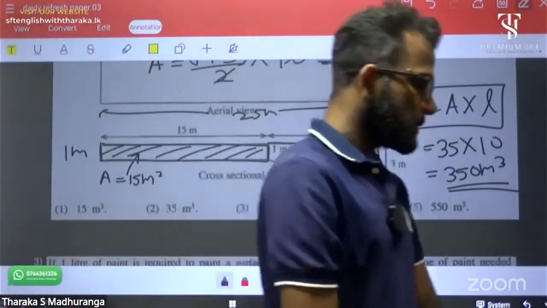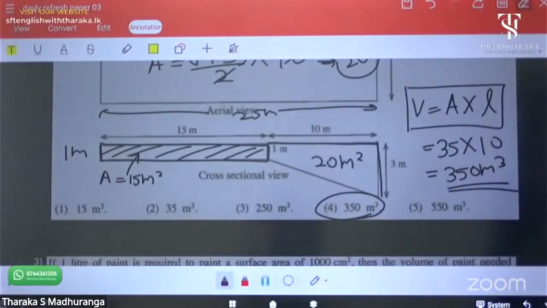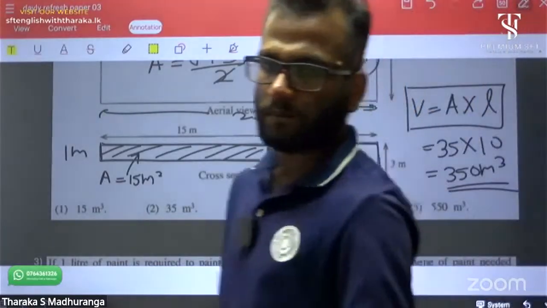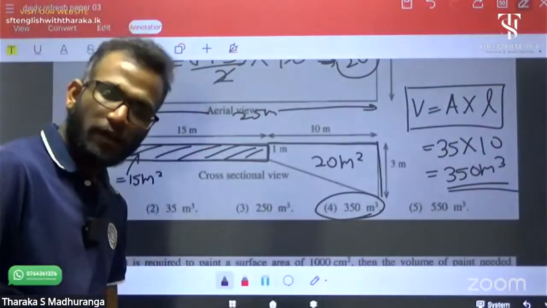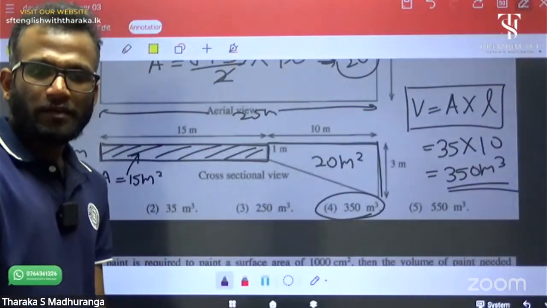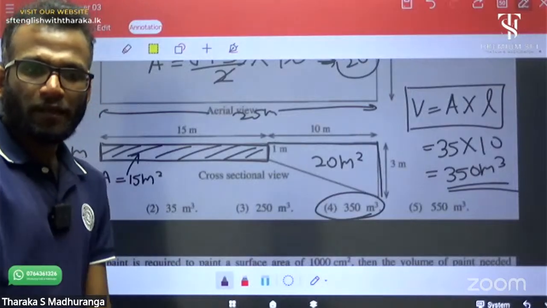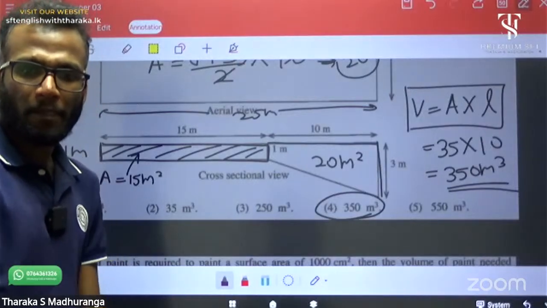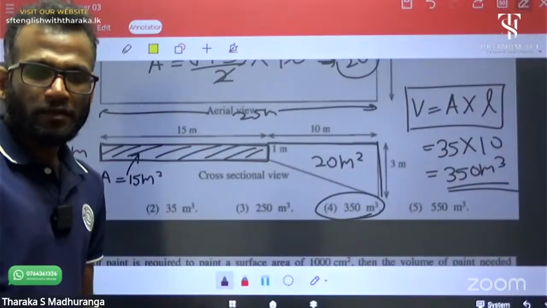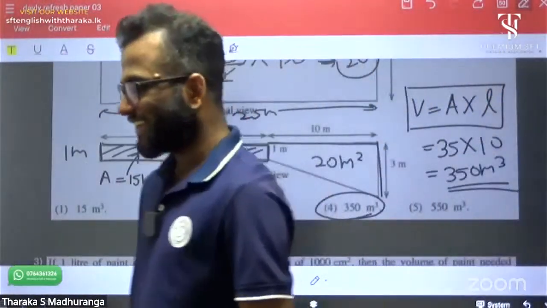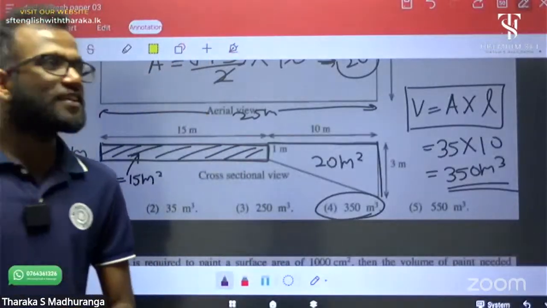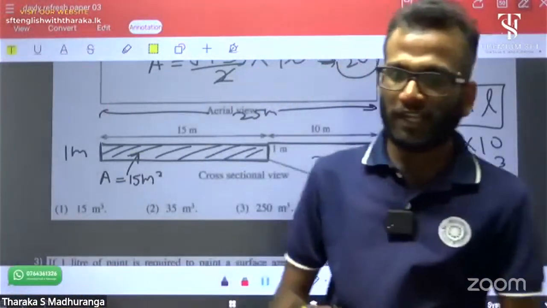350 liters? No. Normally, how about the size of 350 liters?